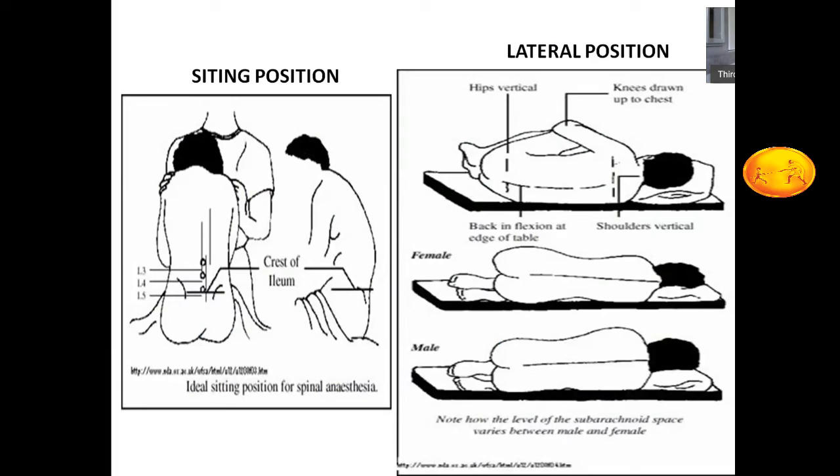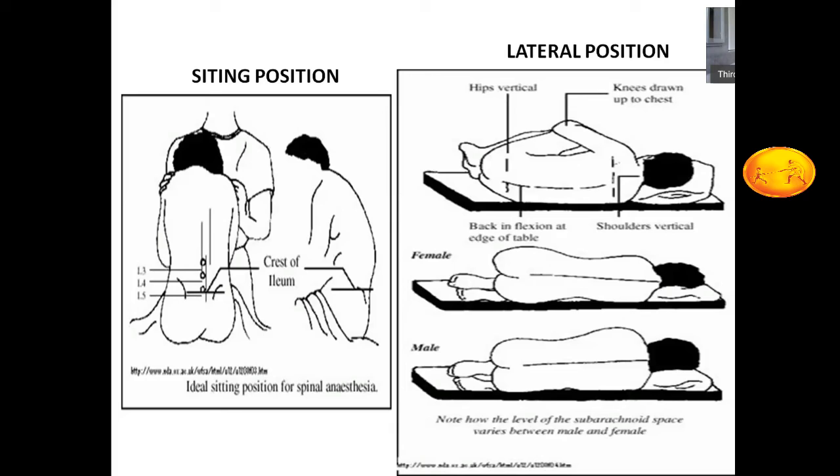Below that Tuffier's line is the L3-L4 space, or the lower border of the L3 vertebra and the upper border of the L4 vertebra. At that level you will have to palpate for the space. You will not feel the bony prominence at that level, and below that you will have to insert the needle.